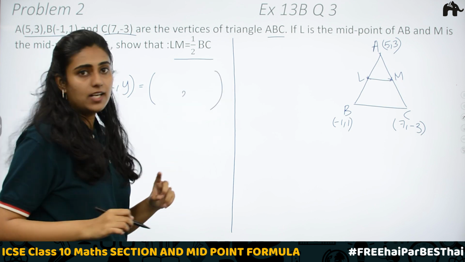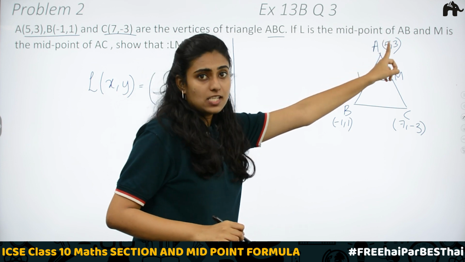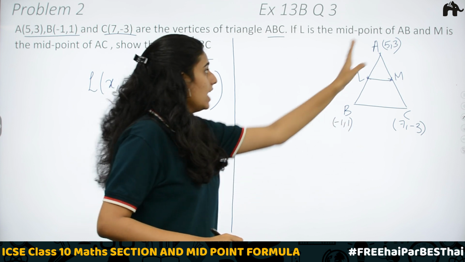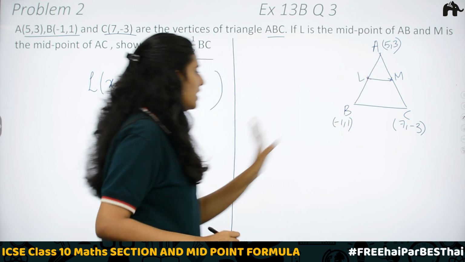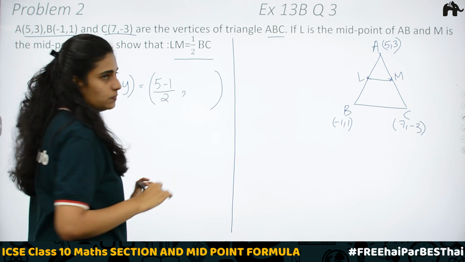Here what are X1 and X2? The coordinates of A are taken as (X1, Y1) and coordinates of B are taken as (X2, Y2). X1 plus X2, 5 plus -1, 5 minus 1, divided by 2.